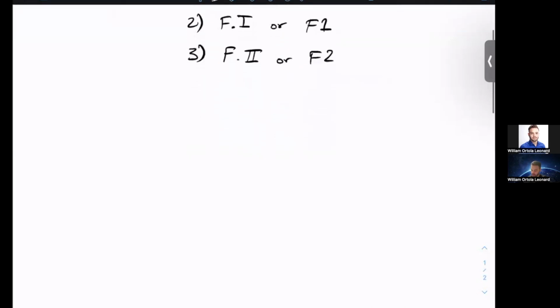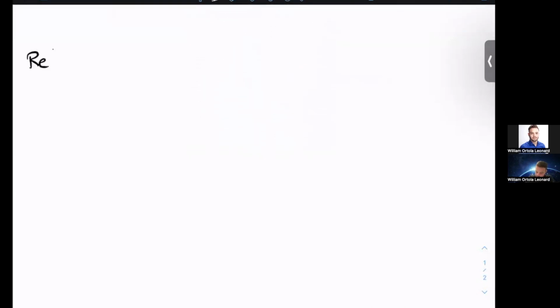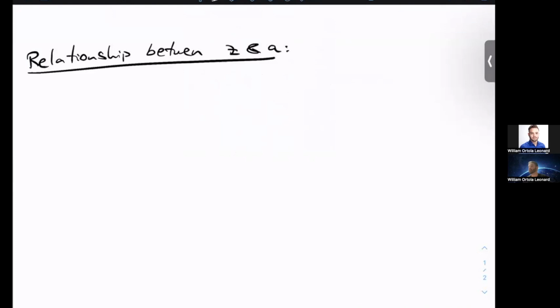All right, so let us start by looking at the relationship between the redshift Z and the scale factor A. To start with this, we have to remember the distance that light travels, which is what we saw before, and this is what we know as the coordinate distance or the conformal distance as well.